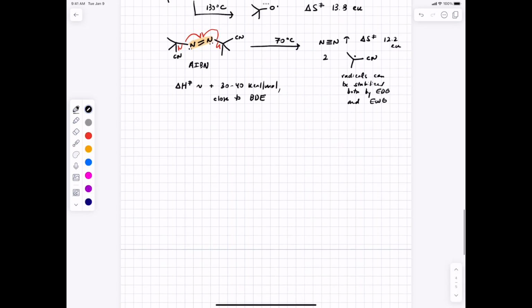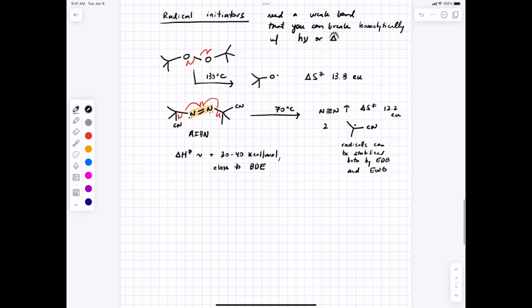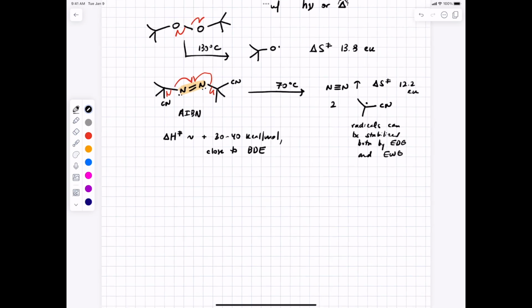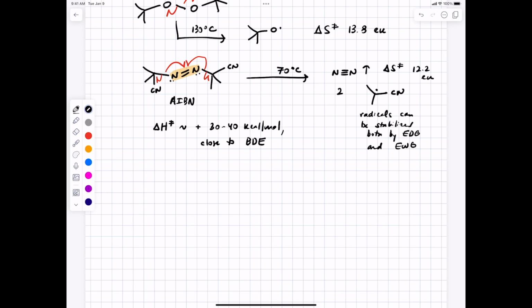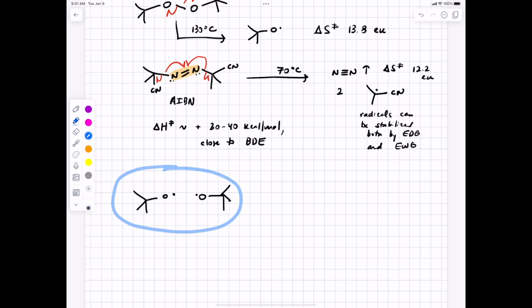Now, once 2 radicals form, you've got options, because remember that 2 radicals form in a solvent cage. There's solvent molecules around. So we're going to illustrate that with, not that this happens in water, but because it doesn't, but there is our solvent cage.